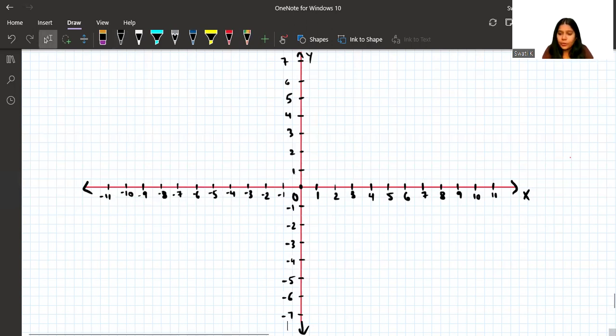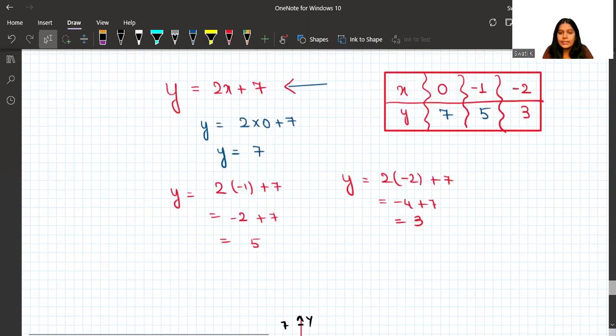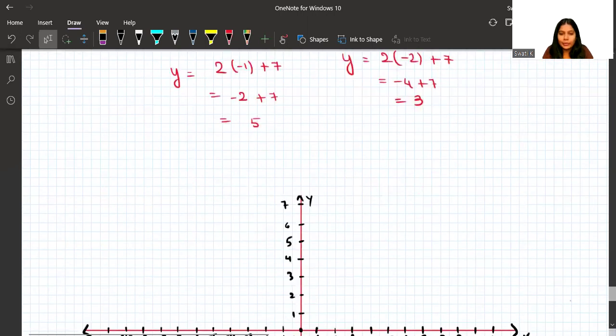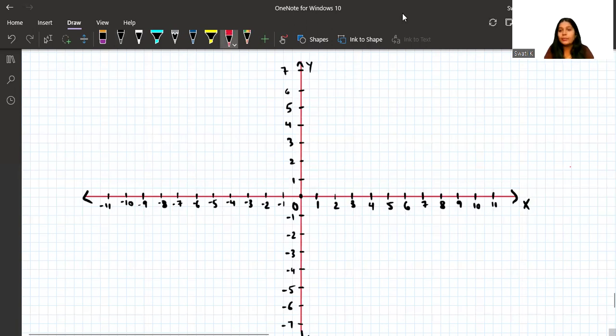Now, as you can notice, we had the first coordinate as x 0 and y 7. So where is x 0 and y 7? First you have to look at the x-axis. I'll use another pen here just to make you understand what exactly I'm talking about.